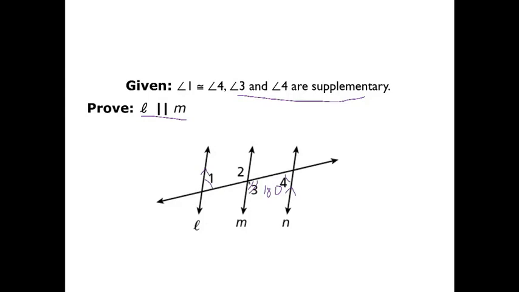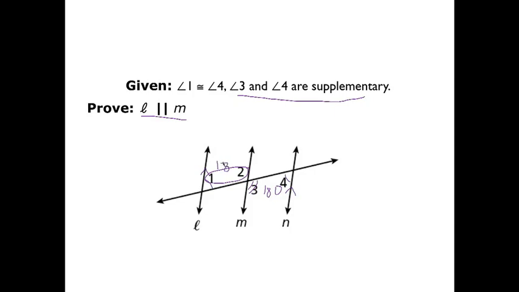Now what I would like to show is a relationship between L and M. The only angles that have any sort of relationship that we've even talked about between L and M are 1 and 2. And those are consecutive interior angles. Well, if the lines are going to be parallel, then those consecutive interior angles have to be supplementary or also have to add up to 180.